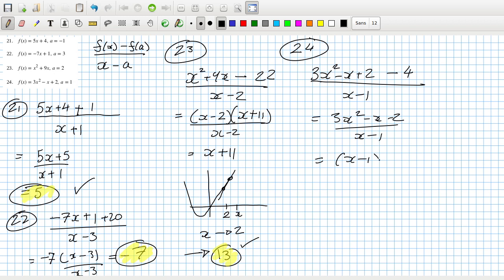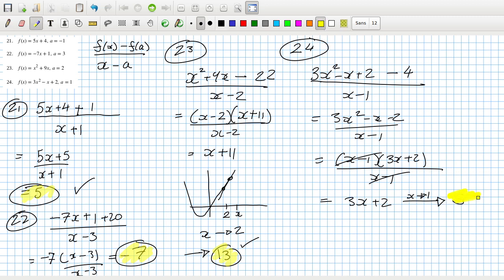That's x minus 1 times 3x plus 2 over x minus 1. So that's 3x plus 2. And then as x approaches 1, this will become 5. Right. Okay, I think we're doing okay.